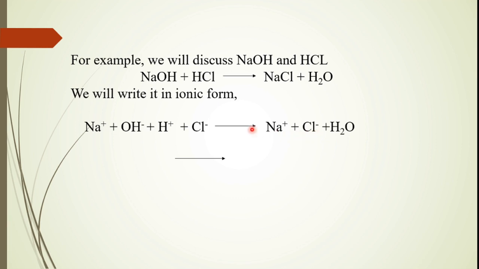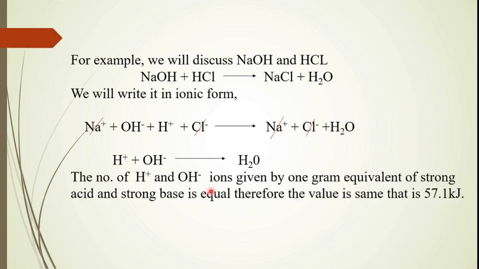Now we cancel the same terms from both sides. Na+ cancels with Na+, and Cl- with the Cl- present on the left hand side. So what remains? H+ reacts with OH- to give H2O.